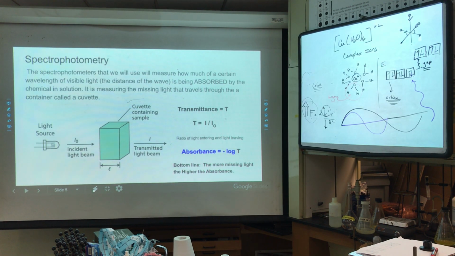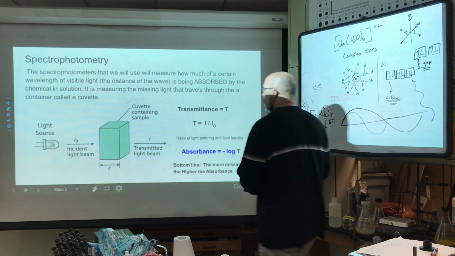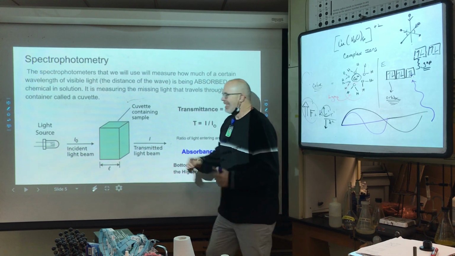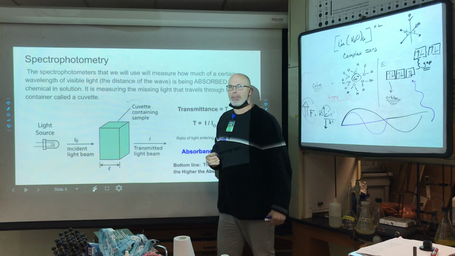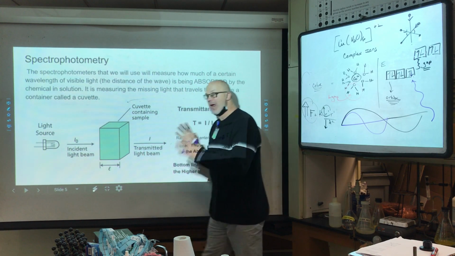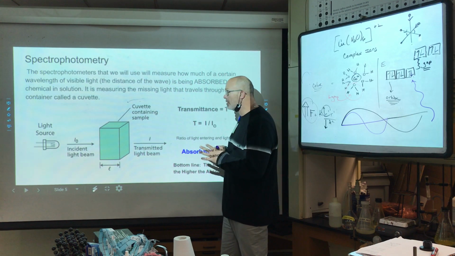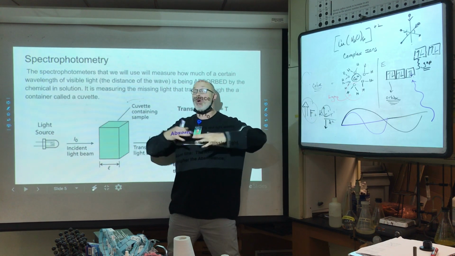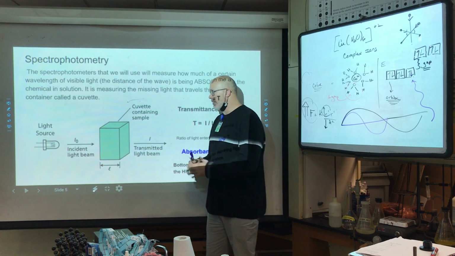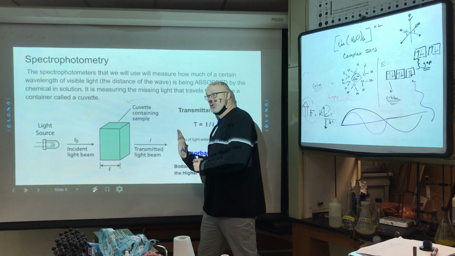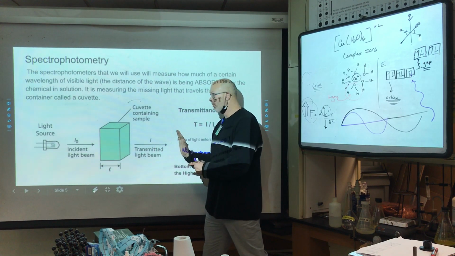So what is spectrophotometry? It's a device. We put a sample in a cuvette. Now, it's got to be a colored sample. If it's a clear sample, I'm not going to measure anything missing. What a spectrophotometer does is shoot a light source with all of the wavelengths of light, and it goes through the sample, and the detector measures what gets through.